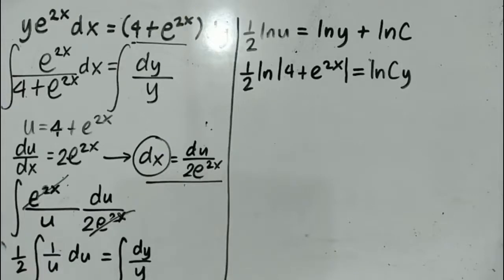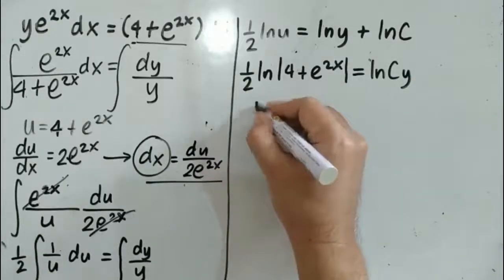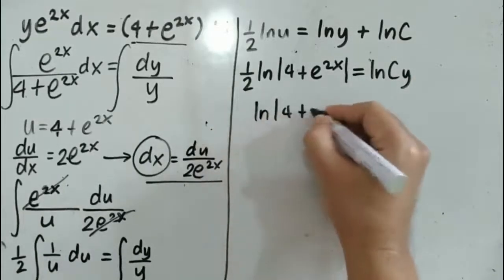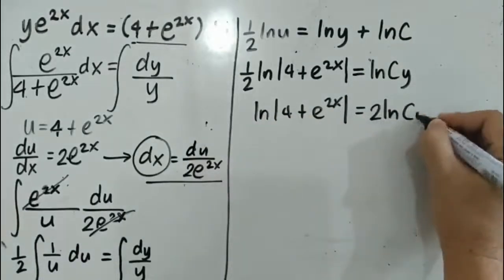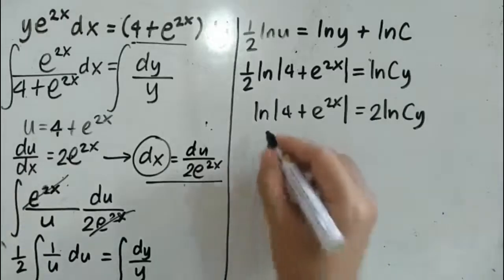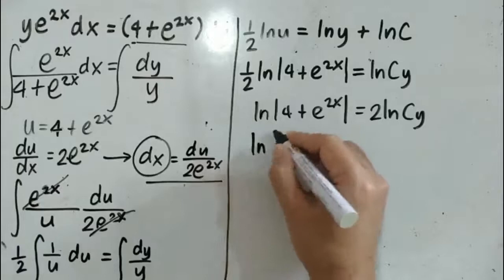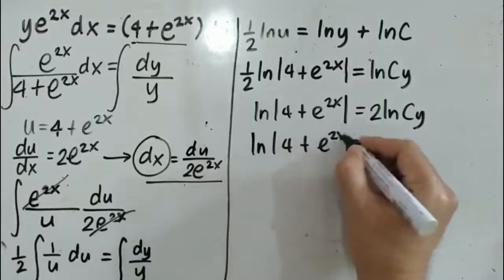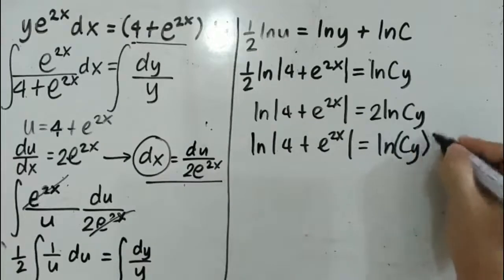However, before we can raise everything to e, we transpose 1/2 to the other side. So this becomes ln of 4 plus e to the 2x equals ln of cy, and then this becomes ln of 4 plus e to the 2x equals ln of cy squared.